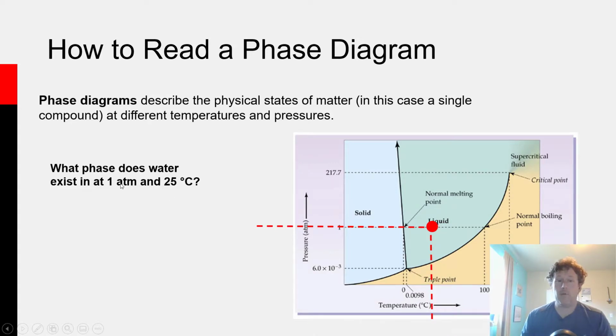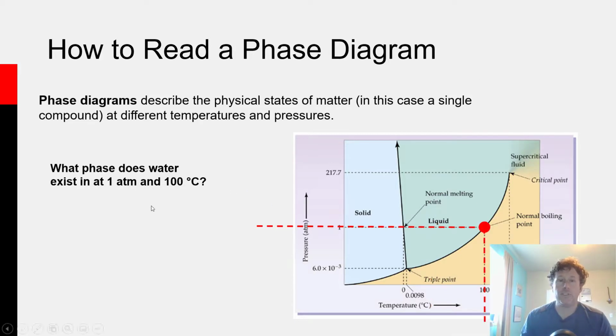So if you're asked about 1 atmosphere of pressure and 25 degrees Celsius, you go up the y-axis to 1 atmosphere, draw a line over. You go down the x-axis to 25 degrees Celsius, draw a line up, and you will see that your dot lands in the liquid phase of water.